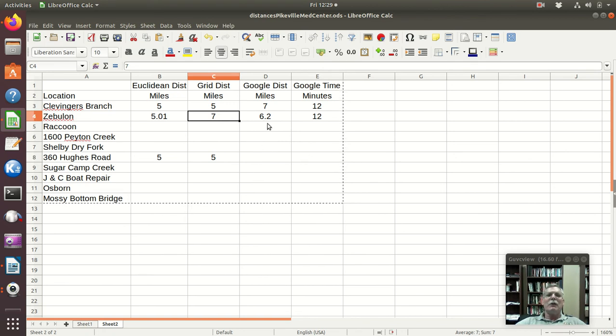And just because one distance is bigger than the other doesn't mean its time is also bigger. So these are very interesting. These don't match up so well. The only two that match up really nicely are Euclidean distance and grid distance, because I can tell you that whatever the Euclidean distance is, the grid distance has to be at least that big. That I know. Other than that, all bets are off.